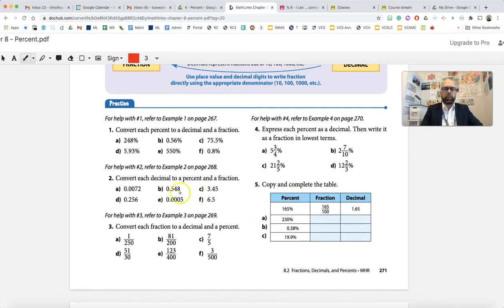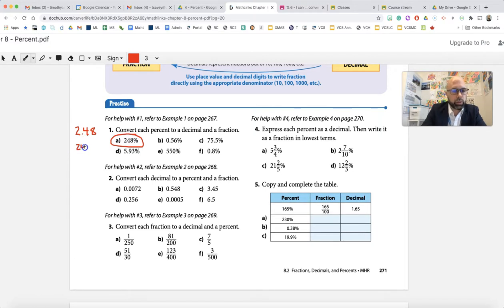So, how should I approach this? Let's just do 1 or 2 for each of these. So as a decimal, this is going to be 2.48. As a fraction, this is going to be 2, well, in terms of simplifying, that adds another layer.